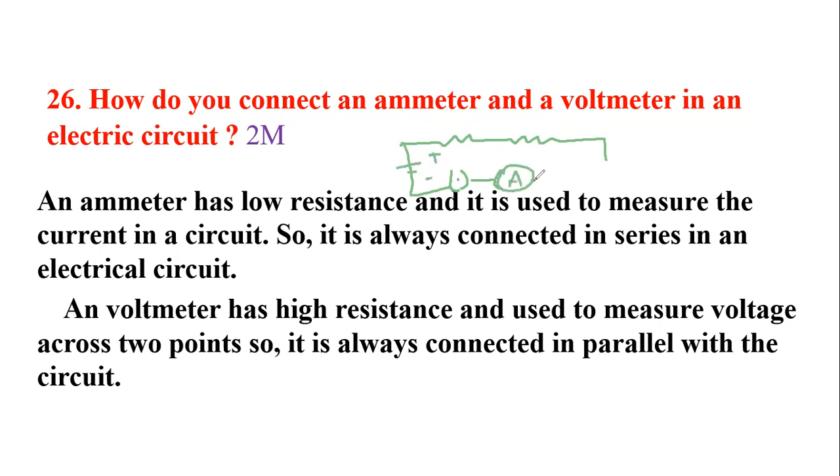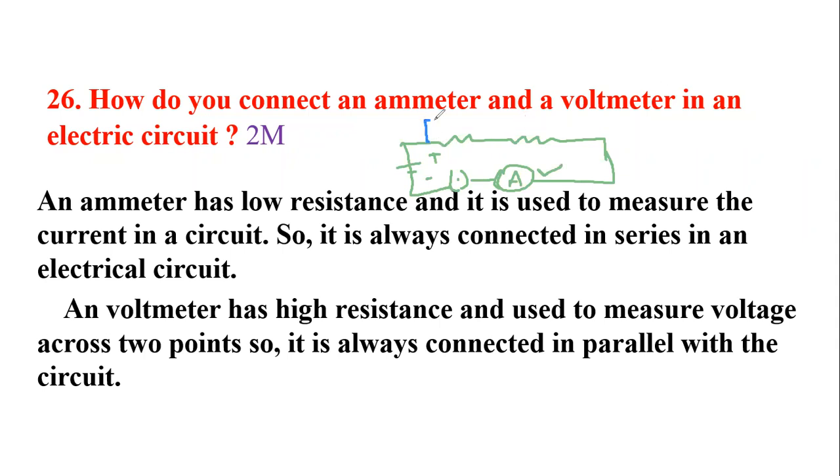Ammeter you put in a series connection, with the same line. There is no division of current here. Ammeter should always be connected in a series connection.